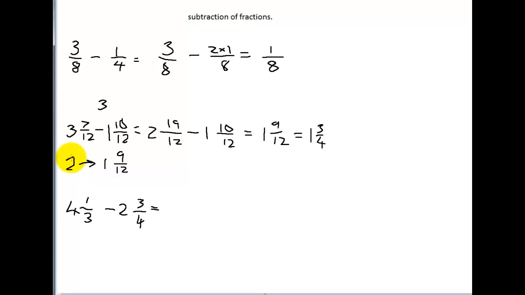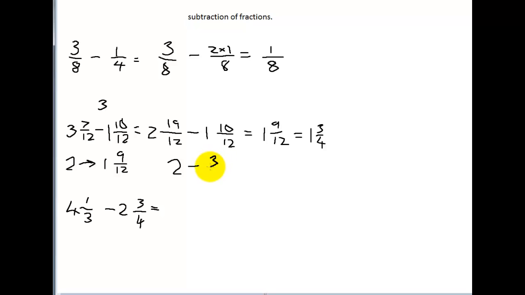You then take a whole 1 off the 2, and then add 12 over 12 minus 3 over 12. So basically you've got the 3 minus the 1 is 2, and then you're taking away the difference, which is 3 over 12.